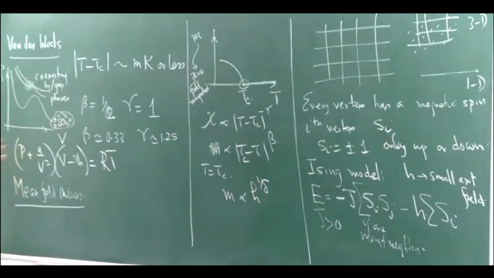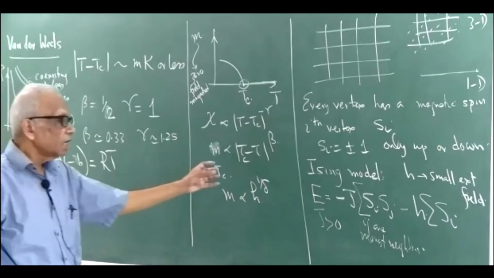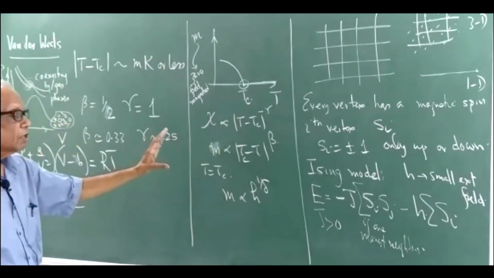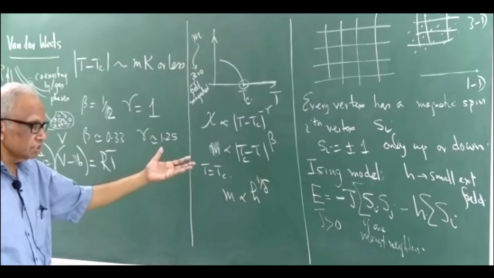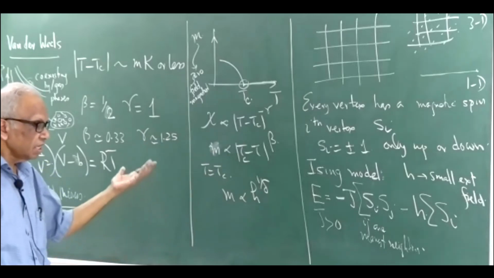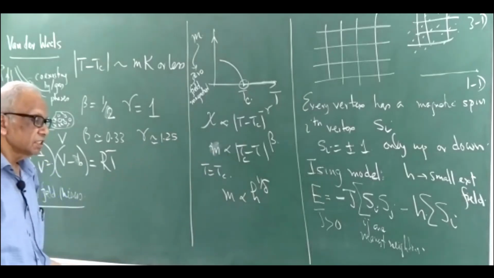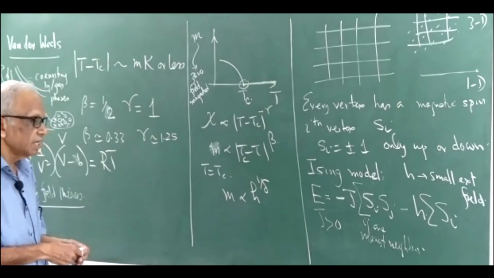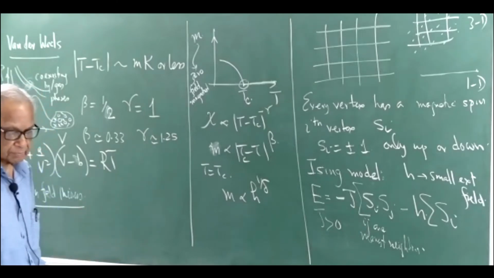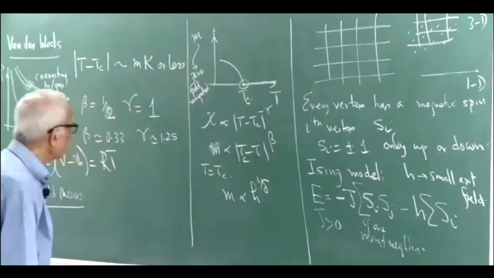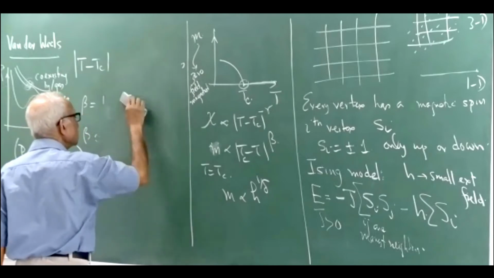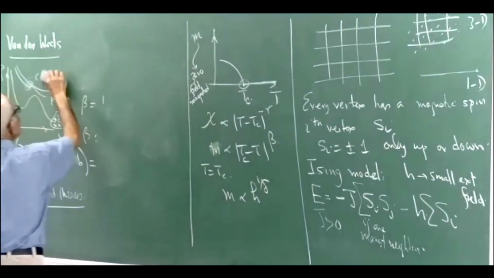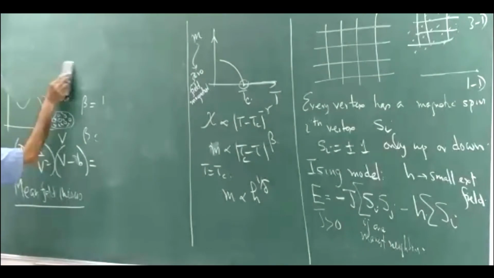So the question is: how do I calculate the magnetization, which is the expectation value of S_i, and the susceptibility and things like that for this model? So, all right, obviously it is not going to be easy.